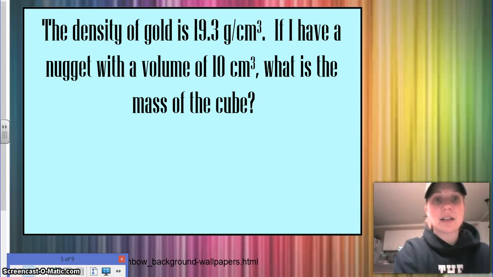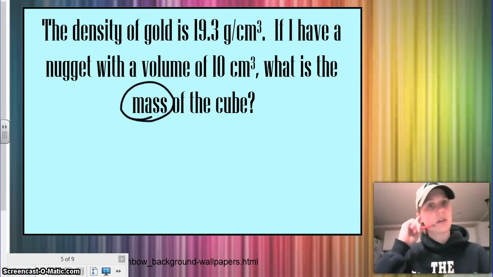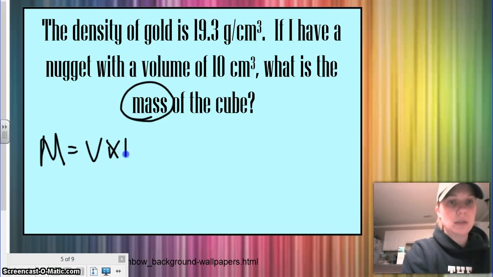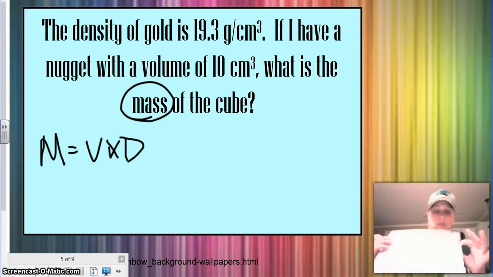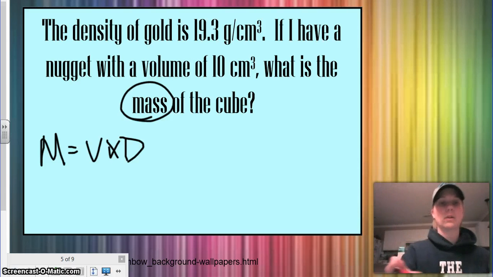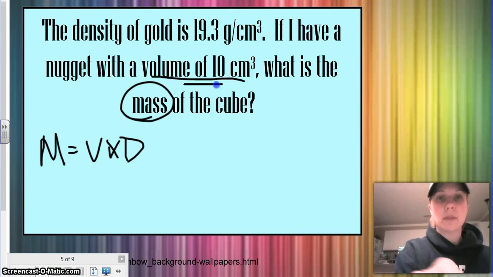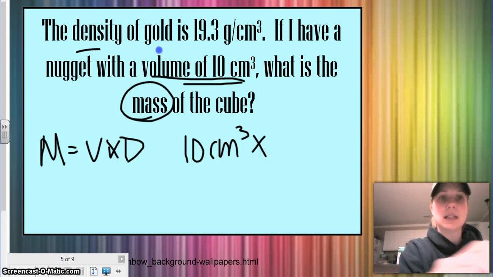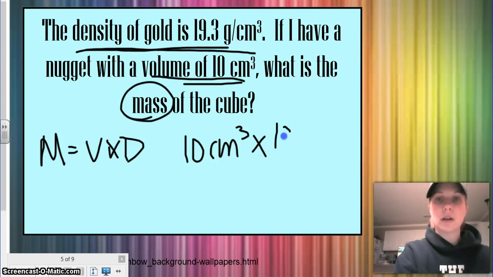So I have to know what we're asking for. We're asking for mass. So I'm going to write mass equals volume times density, and I get that from the foldable right there. Volume, they so nicely tell me, is 10 centimeters cubed, and I'm going to multiply it by my density, which is given right up here, 19.3 grams per centimeter cubed.